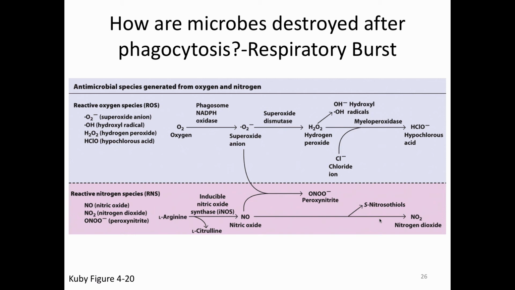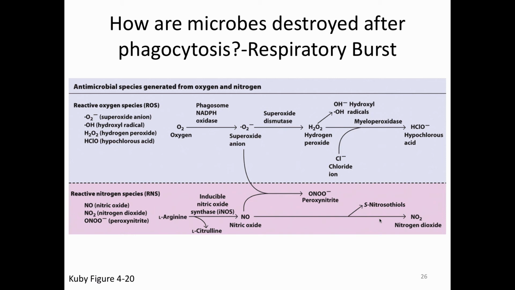The cell makes some enzymes that allow it to convert this oxygen into other products. One of them is known as the phagosome NADPH oxidase, and it allows oxygen to be converted into the superoxide anion. Additional enzymes can allow for production of hydrogen peroxide, potentially things like the hydroxyl radical, and even things like hypochlorous acid. And so all of these things are also happening in that phagosome.